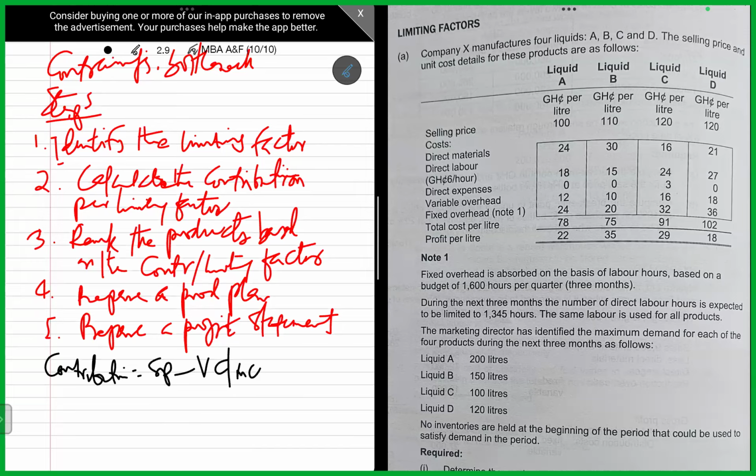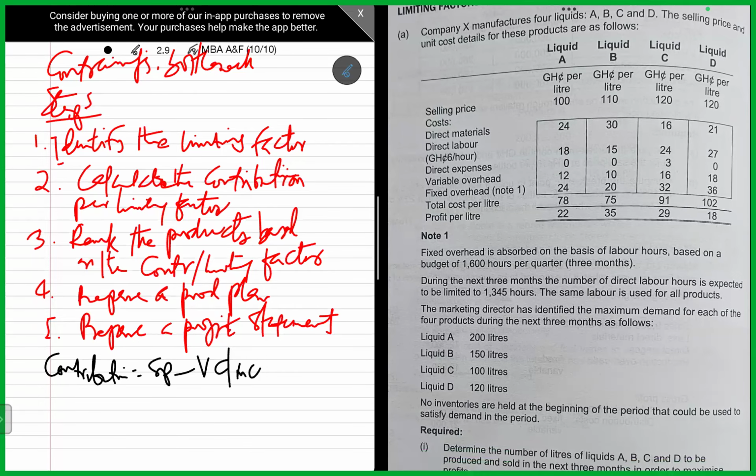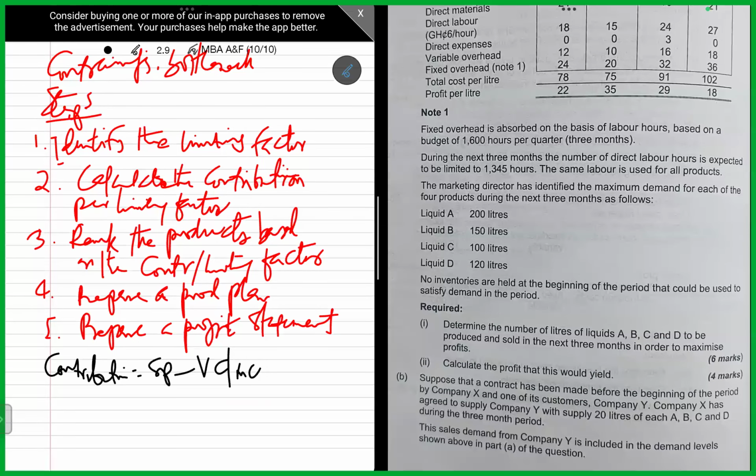The marketing director has identified the maximum demand for each of the 4 products during the next 3 months as follows. Liquid A 200 liters, liquid B 150 liters, liquid C 100 liters, liquid D 120 liters. No inventories are held at the beginning of the period that could be used to satisfy demand in the period.